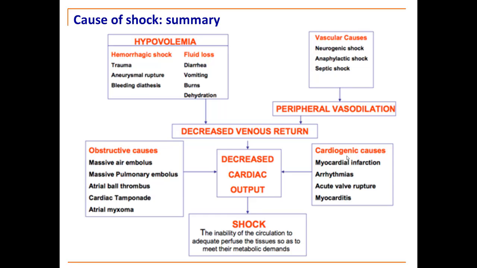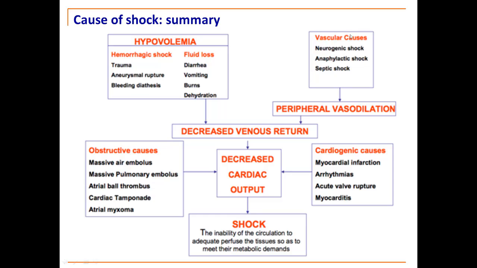So here's a kind of summary slide showing the main causes of shock that we've already gone through. So you've got your hypovolemia, and you're thinking about your hemorrhagic shock, such as trauma, bleeding, you've got your fluid loss, your diarrhea, your vomiting, your burns, and your dehydration, all of which leads to decreased venous return, and therefore decreased cardiac output, and therefore shock, which, as it says there, is the inability of the circulation to perfuse the tissues that it needs.